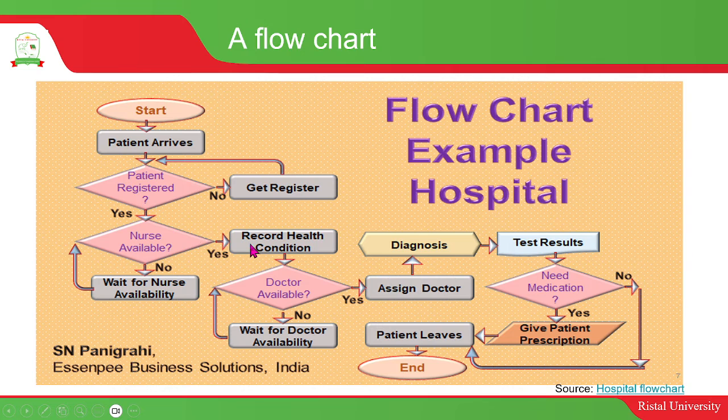After registration, the person is attended by the nurse, and then the health condition is recorded, and the person goes to see the doctor. Then the flowchart continues, up to the point when the person leaves the hospital, after getting a prescription from the pharmacy, and then the person exits.